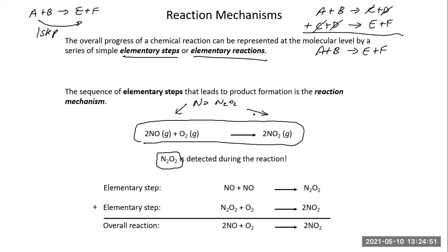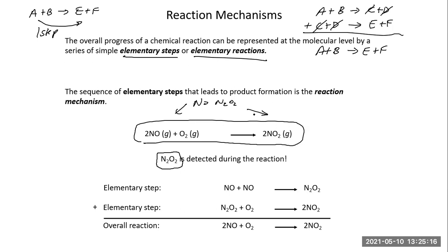So what does that imply? That implies that perhaps this reaction doesn't occur in one move from reactants to products. There has to be somewhere along the way that N2O2 is produced, and somewhere along the way where that N2O2 is gone and used up.